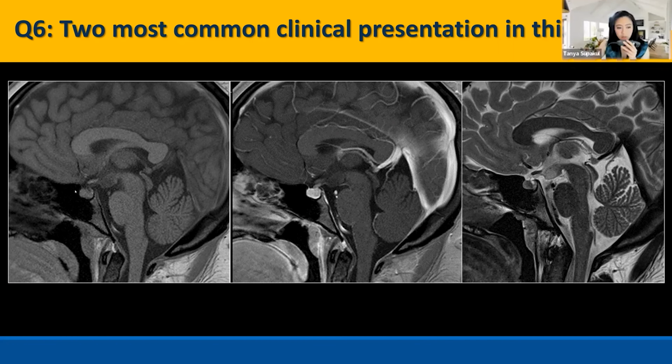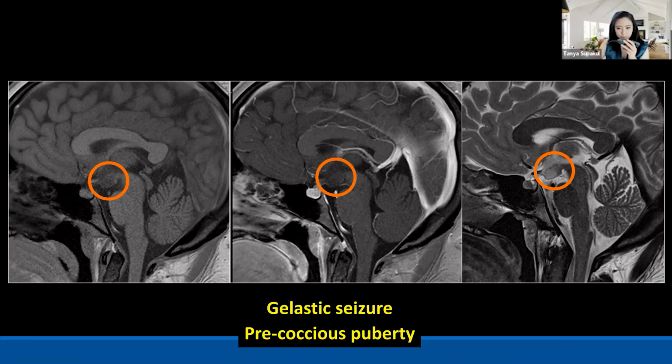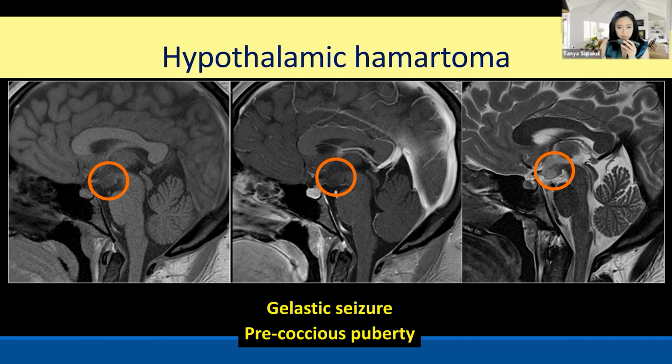Yes, good job. So when you scan this patient and you don't see the posterior bright spot here, and you check along the tract and on the hypothalamus, that's why you need to give contrast, right? To confirm there is no contrast enhancement in that lesion, and you can call it hypothalamic hamartoma. Good job, Paul.